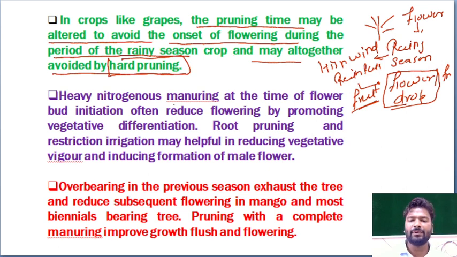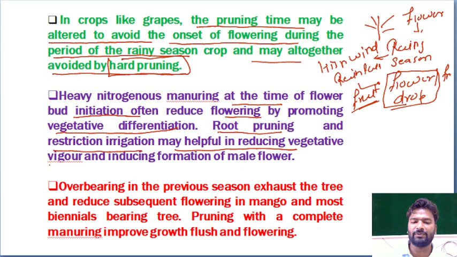Then heavy nitrogenous manuring at the time of flower bud initiation often reduces flowering by promoting vegetative differentiation. And root pruning and restricted irrigation may be helpful in reducing vegetative vigor and inducing formation of flowers. So what happens if we give heavy nitrogen during flower bud initiation, or just the pre-reproductive phase?